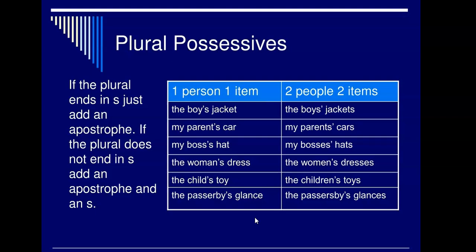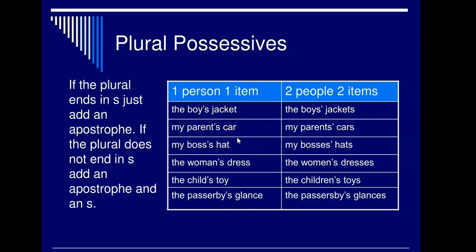If the plural doesn't end in s, add an apostrophe and then s. One person and one item: the boy's jacket. Two people, two items, it's the plural form: the boys' jackets.